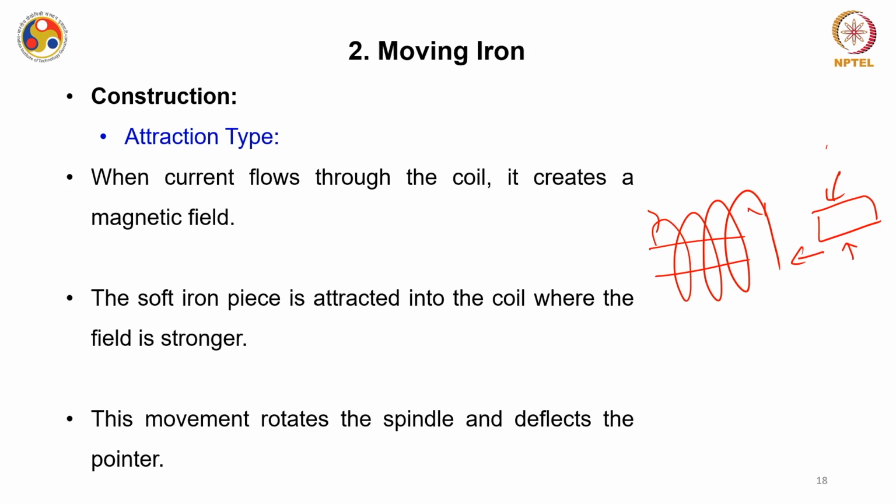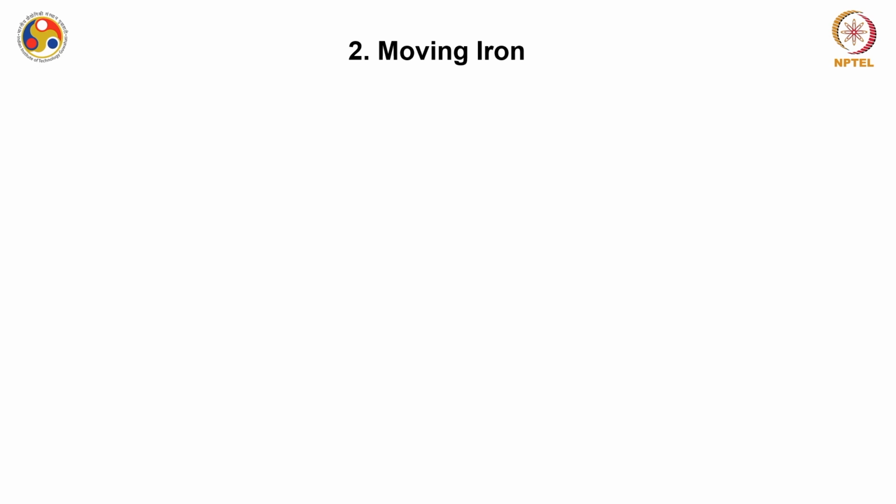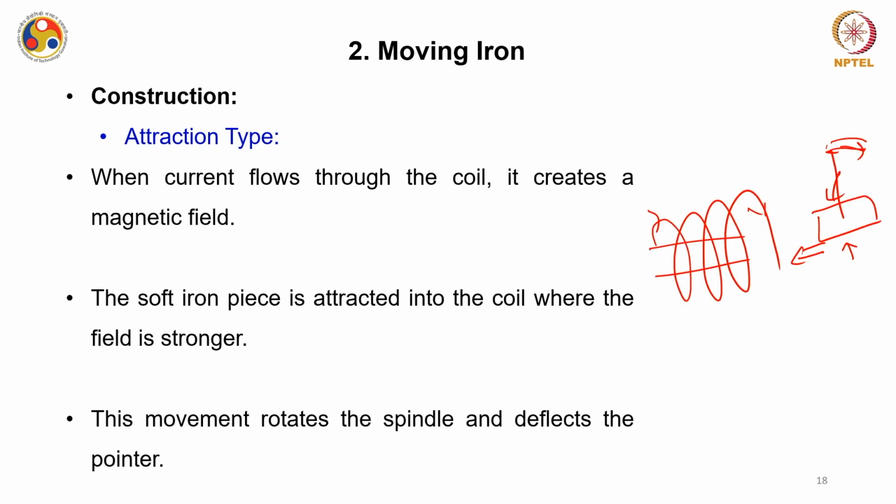As we have just discussed, depending on this attraction, the pointer will be deflected. In this attraction type of instrument, you have only one magnetic vane, one flat piece of soft iron basically.